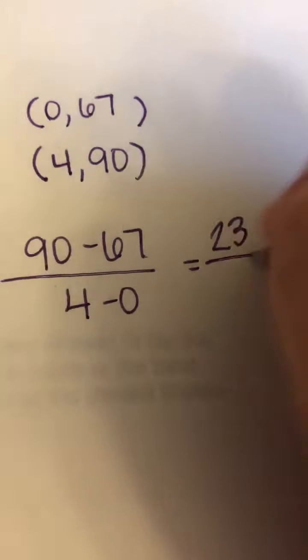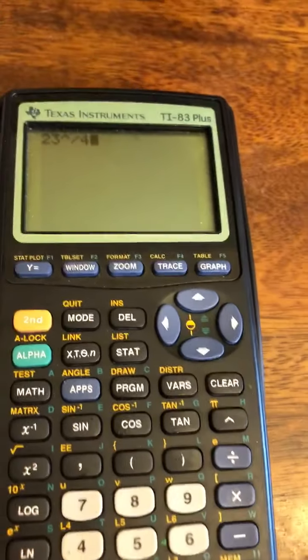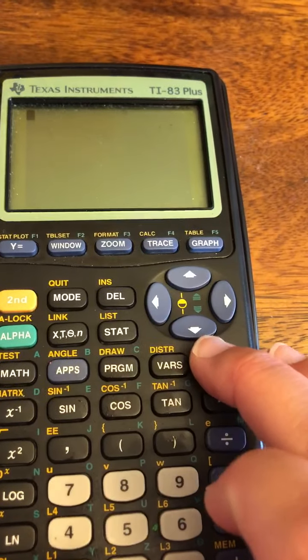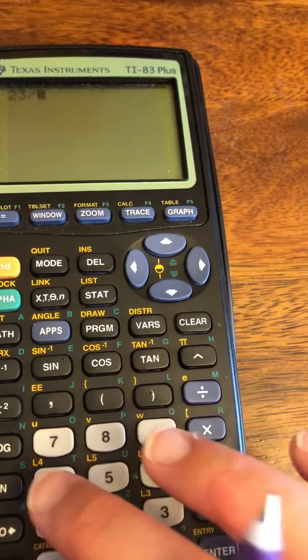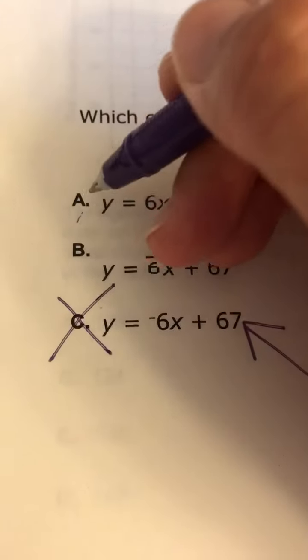And then 23 divided by 4, I think it's like 5.75. I entered that wrong. Okay, 23 divided by 4. Yeah, 5.75. So the slope that is closest to 5.75 would be A. So A would be the best equation that modeled the data.